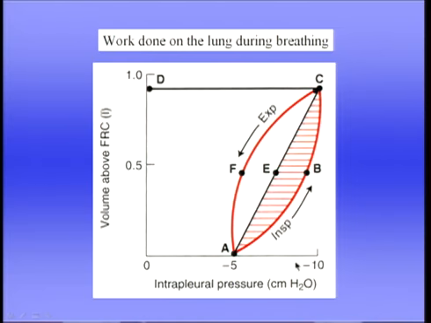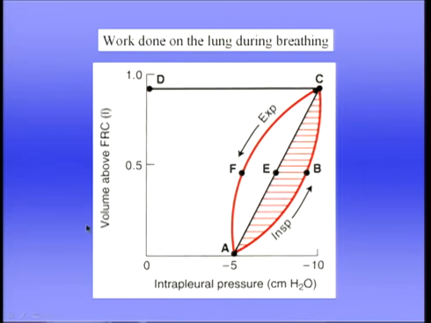As we expand the lung, of course, intrapleural pressure falls, and if there was no airway resistance, the path would be along AEC here. In other words, this would be determined by the compliance of the lung. As the volume increased, the intrapleural pressure would fall, and if there was no airway resistance, the work done on the lung would be indicated by the area of this trapezoid, 0, A, E, C, D, 0 here.